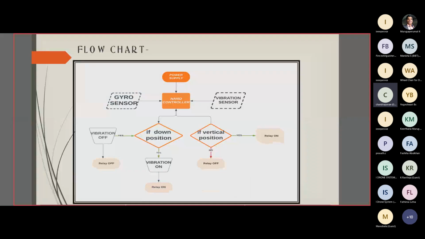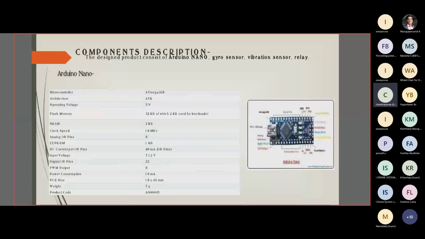If the iron box is placed in a vertical position, the relay will be on. Here the power supply is connected with the relay to the switchboard, and we have used the connected wires to connect it everywhere. Now I hand over session to Bhavya. He will explain about the working.